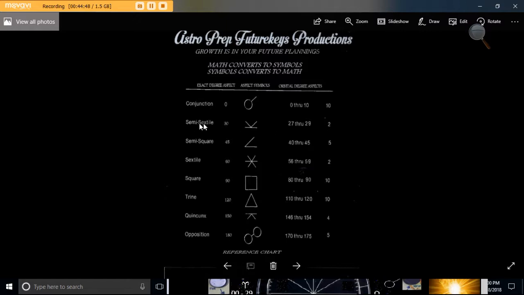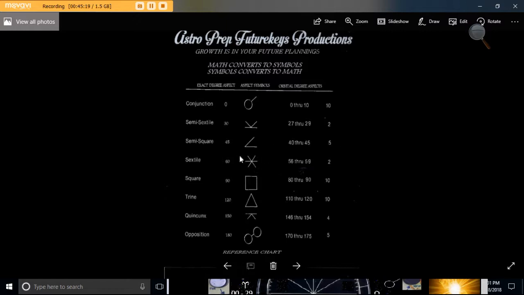Alright, here you have a semi-sextile, and that equals 27 degrees through 29 degrees with a 2 degree orb. So that means that the interaction, and I'll just go to semi-square, this is the symbol for semi-square, and that's 40 through 45 with a 5 degree orb, or orbital influence that is still effective.